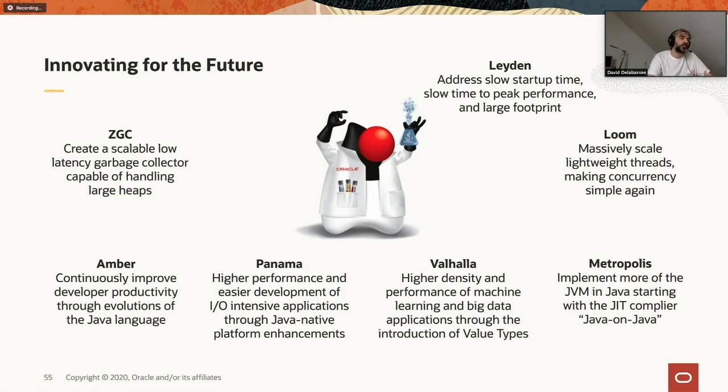Clearly, this is just the early days of Leyden. We have just started to gather interest around that project, but we think that over time this is something that will be important. So basically, bring the capabilities that we have with native VMs directly into the Java platform.